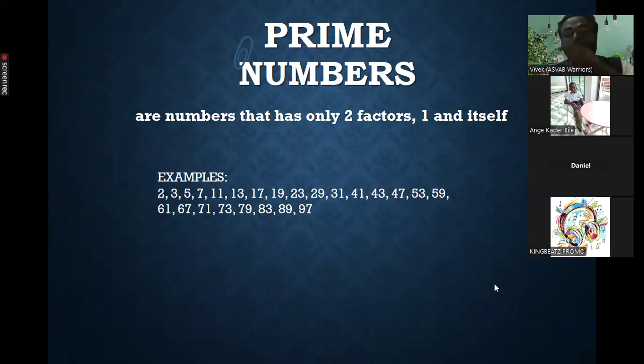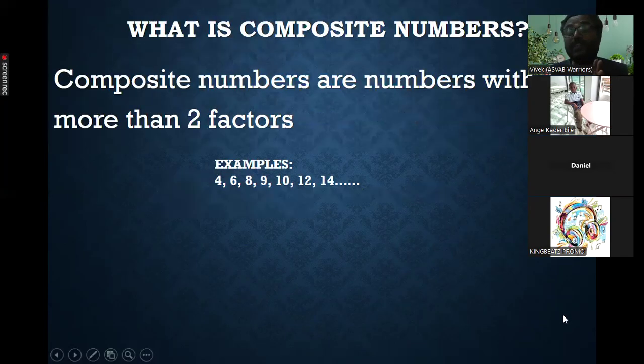You can take a screenshot of these prime numbers below 100 so that you can revise later. Please take a screenshot of this and then we'll move on to composite numbers. Composite numbers are numbers with more than two factors.